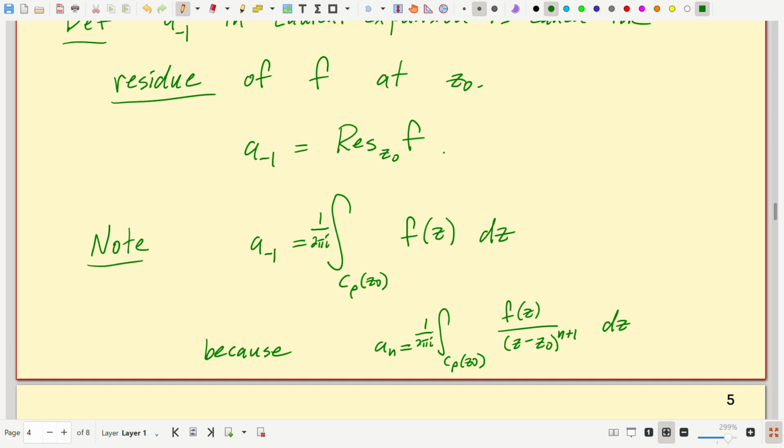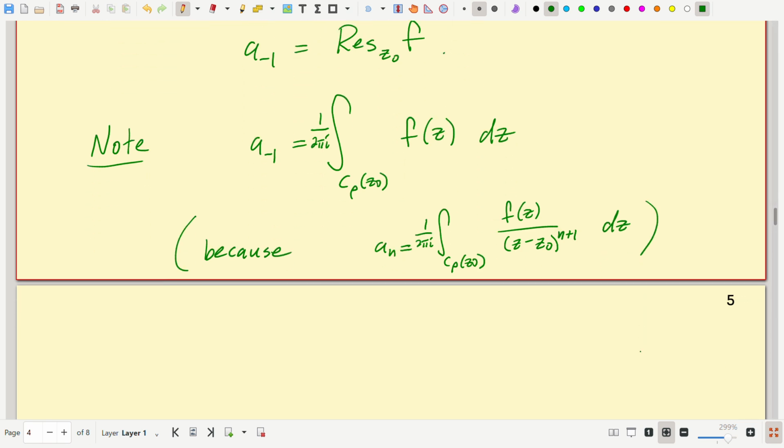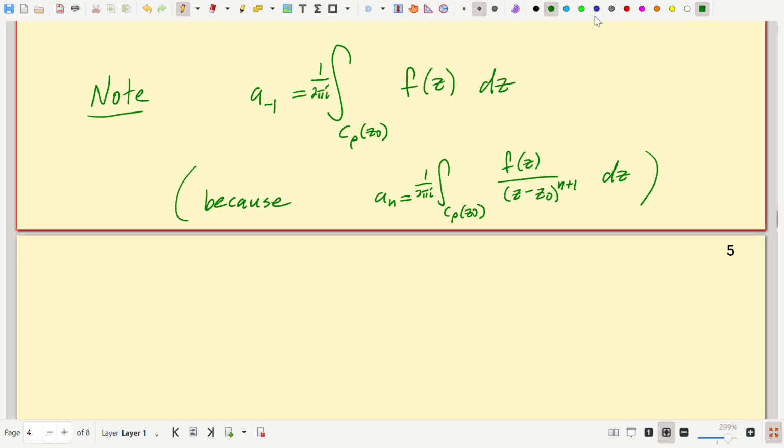When n is positive, that's just the higher order Cauchy formula for the Taylor coefficients. But when n is negative, that's something new and different. In fact, when n is minus 1, then that thing in the denominator is z minus z naught to the 0th power. And that's kind of the baby residue theorem.